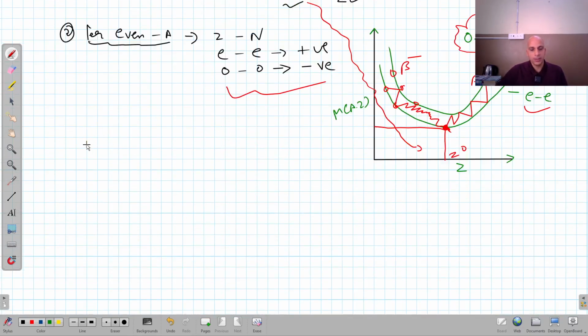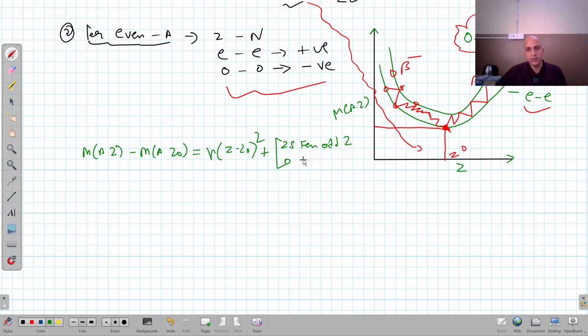For them the condition will be M(A,Z) minus M(A,Z naught), which will again be gamma into (Z minus Z naught) whole squared, plus 2 delta for odd Z, and 0 for even Z. This is the required relation. So by using these two relations, I can calculate the transition energy between two states.